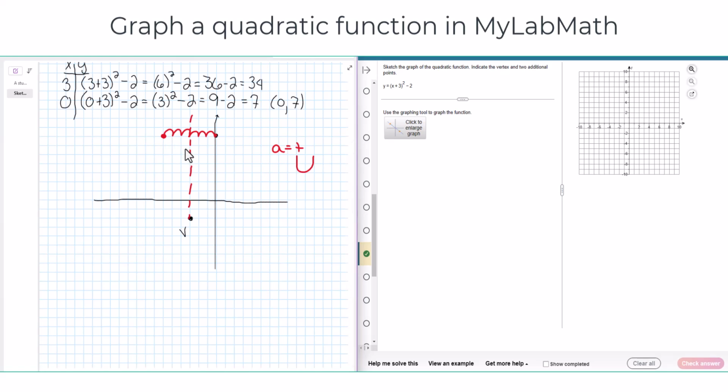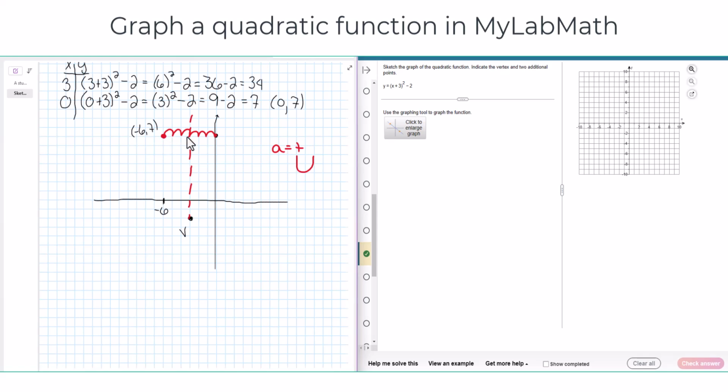So we don't have to figure out another ordered pair. We have it right here. What is this ordered pair? 1, 2, 3, 4, 5, 6, negative 6, and then 7. That's our second ordered pair.